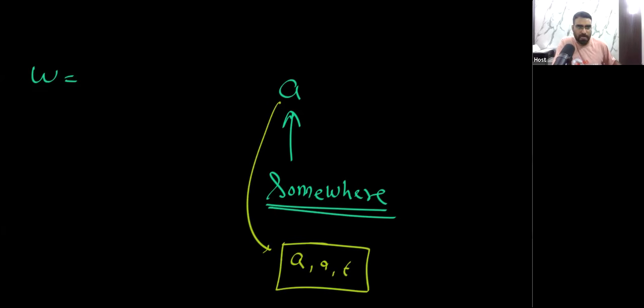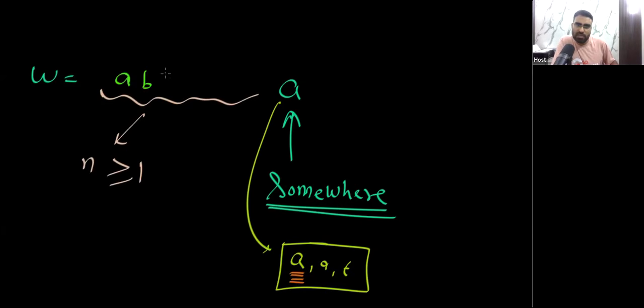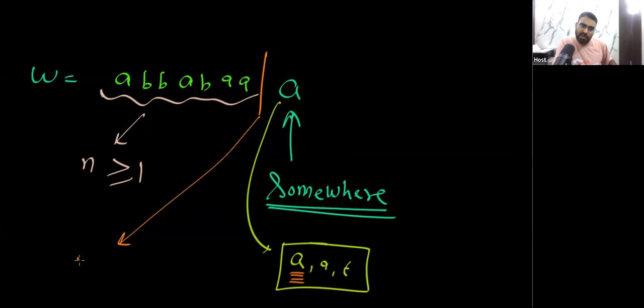Before this you have N symbols, N greater than or equal to 1, something like a double b, then a b, then a. So you can easily see that there will be N A's in the stack.